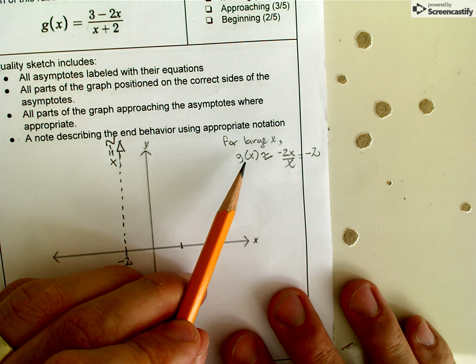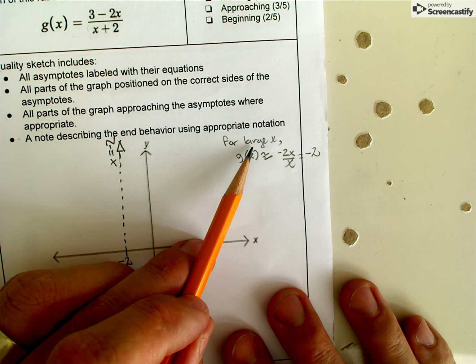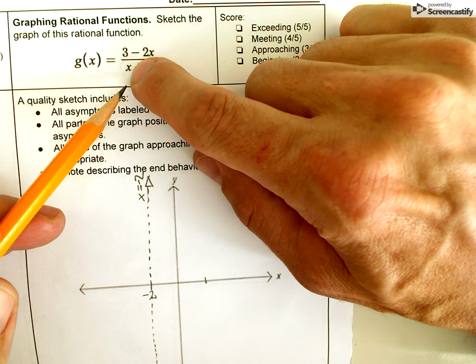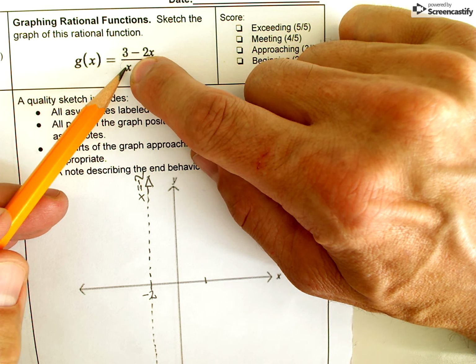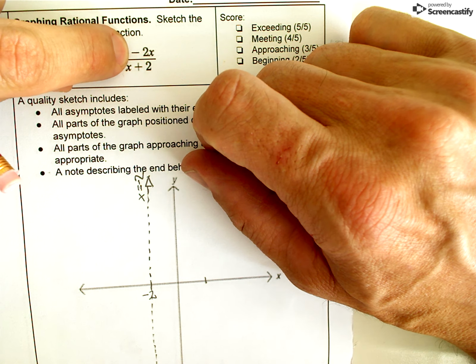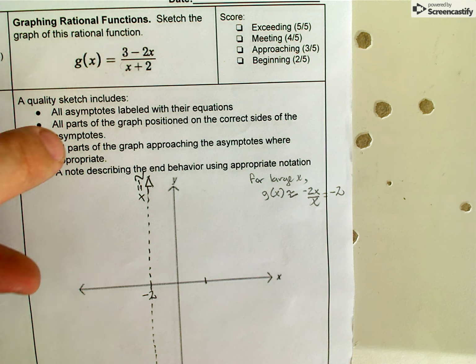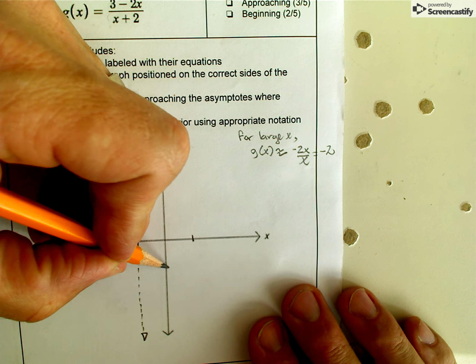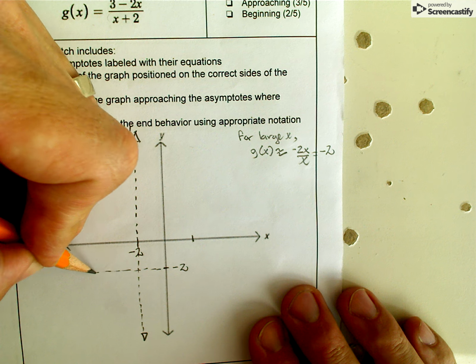So my function g of x has a value of -2 when x is really large. And that comes from really just eliminating that +2 on the bottom, because it doesn't matter when x is really large, and eliminating this 3 on the top, because it doesn't matter when x is really, really large. So I got a horizontal asymptote at y equals -2.